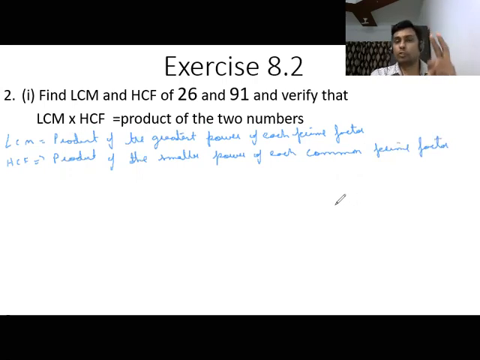So for HCF, you have to look for common prime factors and see which are the smallest powers in those common factors and multiply them. But for LCM, you have to take the prime factors in 91 and 26, choose the greatest powers if they are common and multiply them. This is the idea.